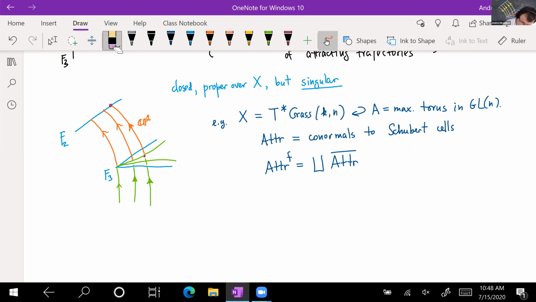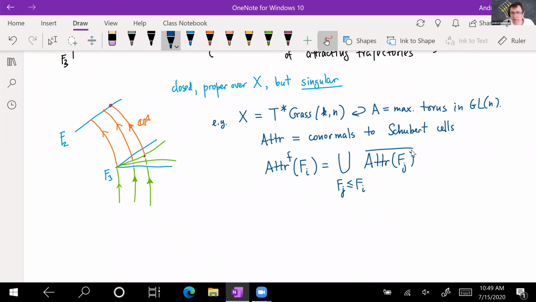So, attracting manifolds. The full attracting set of some component Fi is the union over all the attracting manifolds. There's a natural order on what is attracting to what, and so then the union over all Fj which are less than or equal to Fi in this attracting order, we take the closure of this Fj.